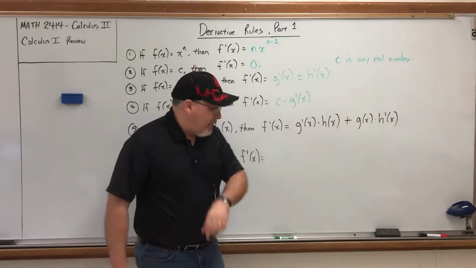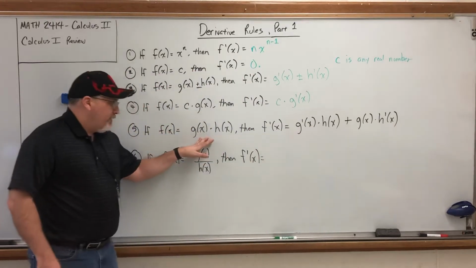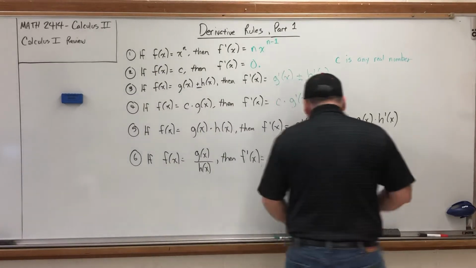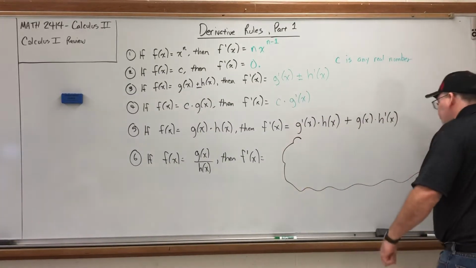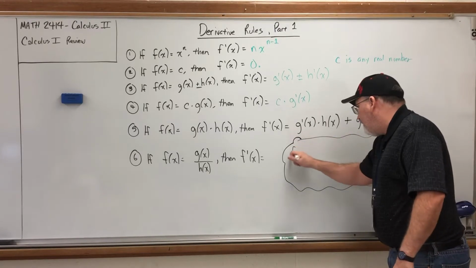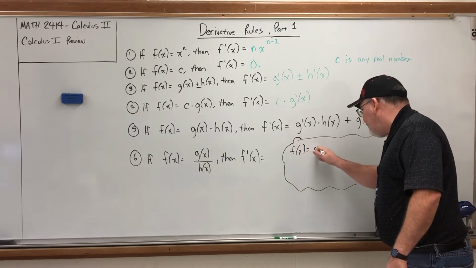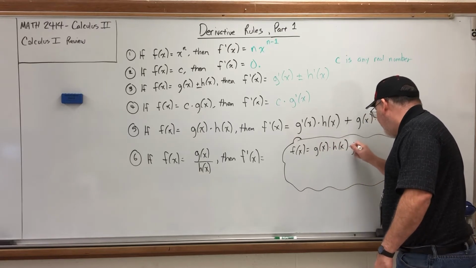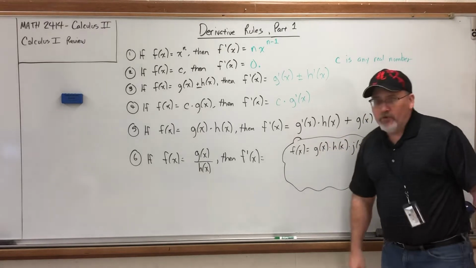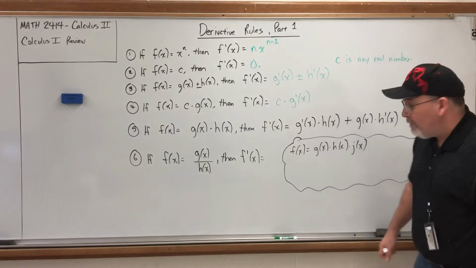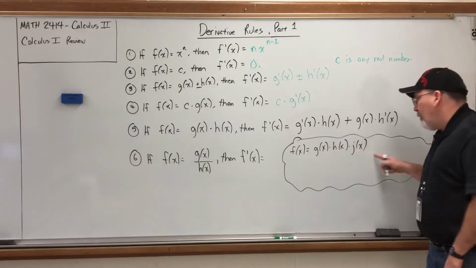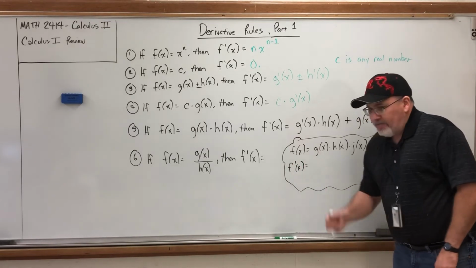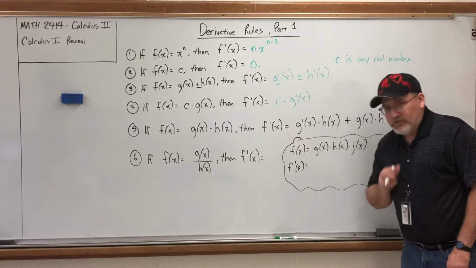And by the way, the product rule is extendable to more than two factors. Just to show you what I mean, and I'll throw it in a cloud right here. If you had f of x is equal to g of x times h of x, we'll say j of x. I don't like using i as a variable because it's the square root of -1. But if you had what I would call a triple product, the way you take the derivative of any product is one factor at a time.